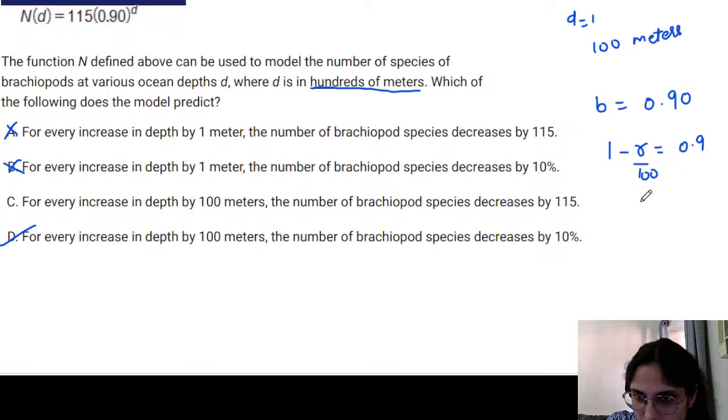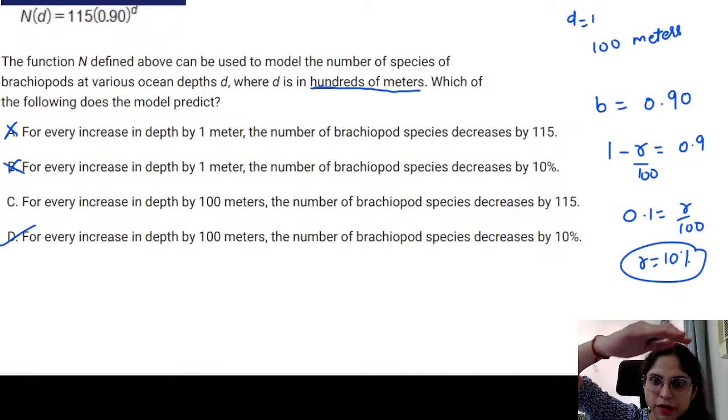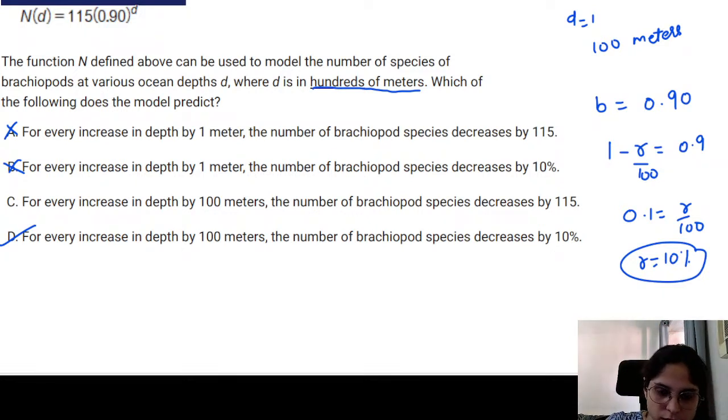Because 1 minus 0.9 is going to be 0.1. So r is going to be 10%. Because this is 0.9, this is like 10 less than 100. So it is decreasing by 10%, because 100 minus 90 is 10.